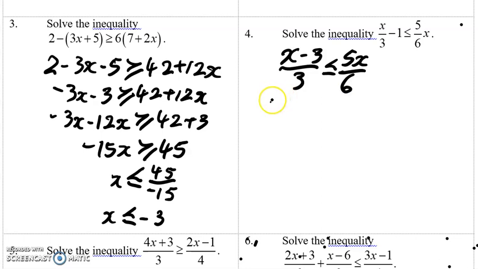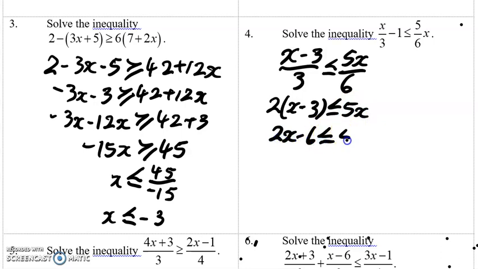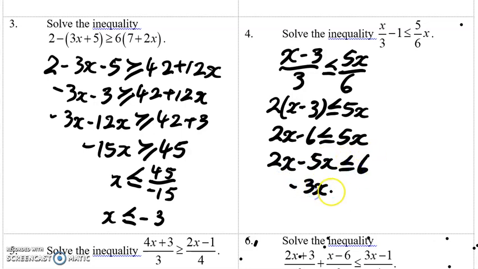What we have is 2 bracket x minus 3 will be less than or equal to 5x. 2x minus 6 will be less than or equal to 5x. 2x minus 5x will actually be less than or equal to 6. Minus 3x will be less than or equal to 6. And as a result, x is more than or equal to minus 2.